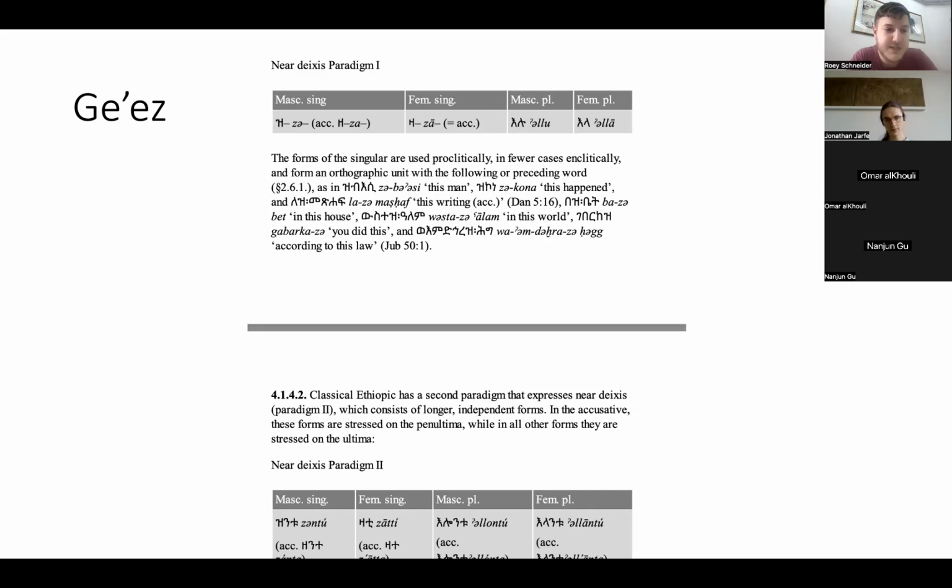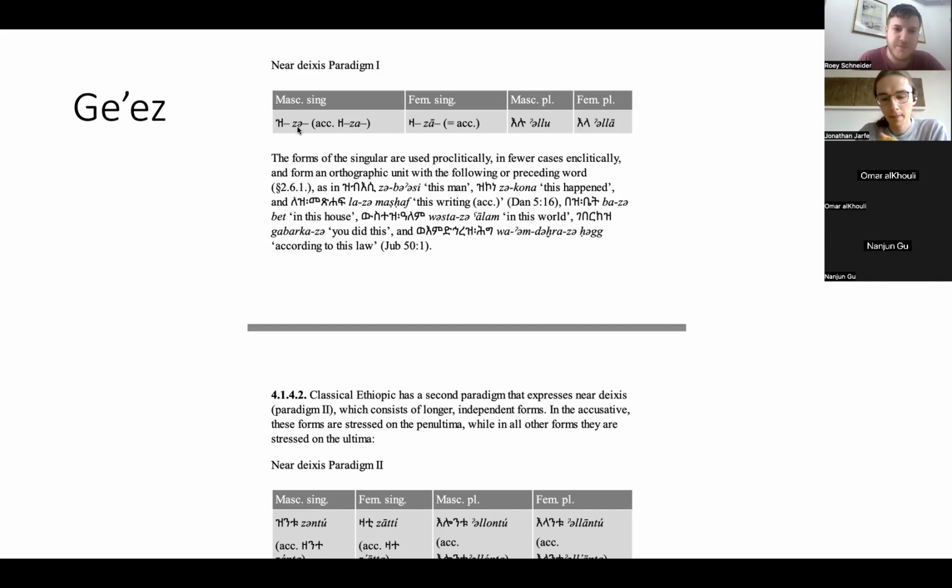This is the deixis paradigm, and this is also not very, very special. We already talked about some of these forms already, I think. So Z is just the pan-West Semitic relative or demonstrative, both relative and demonstrative pronoun or particle. It is nice that it inflects for accusative.